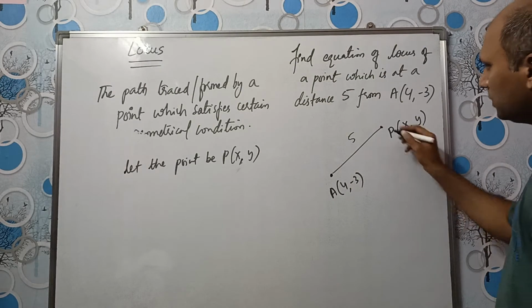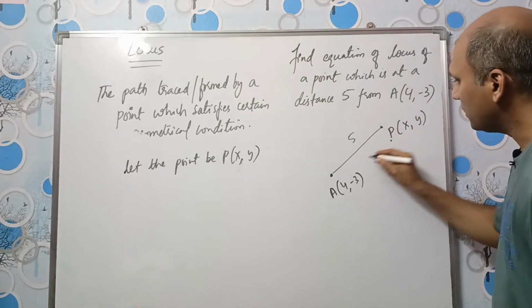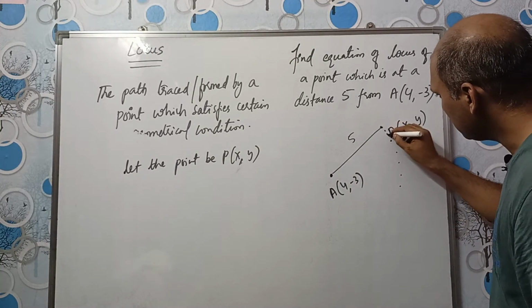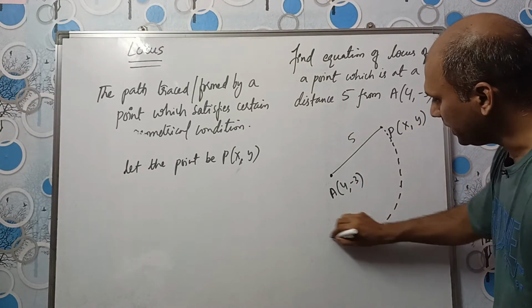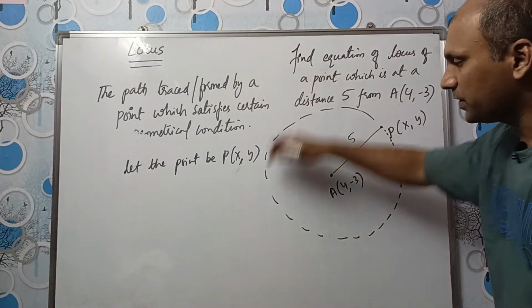Now do you think we'll have only one such point? No, this point will also be 5 units away, this point will also be 5 units away, like this. All these points will be 5 units away, which means we'll get an equation of circle, right?